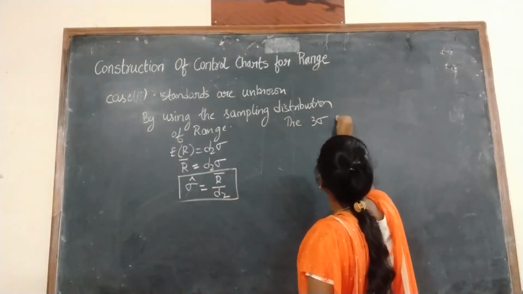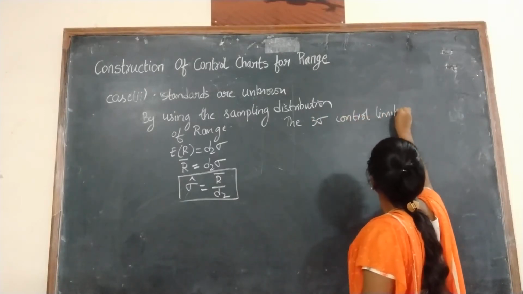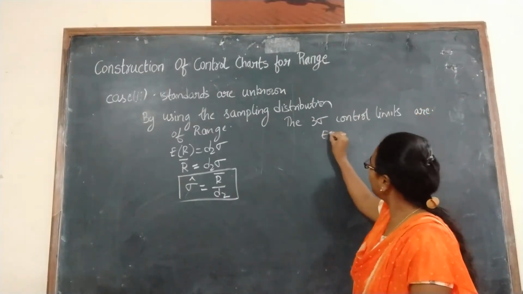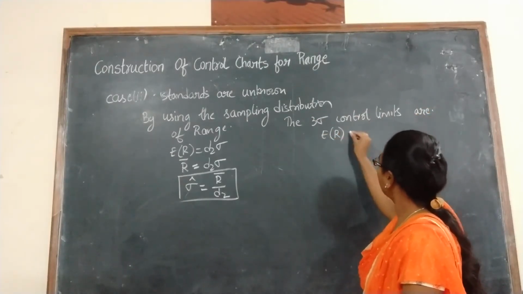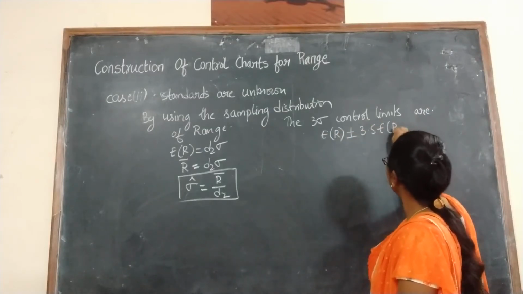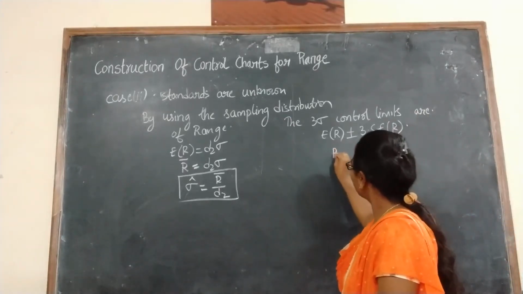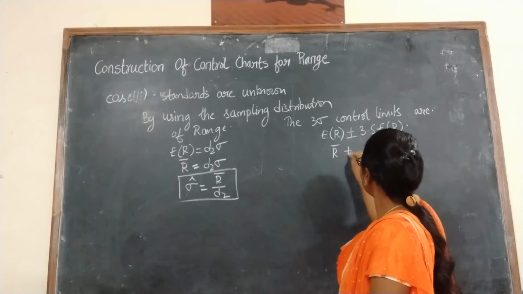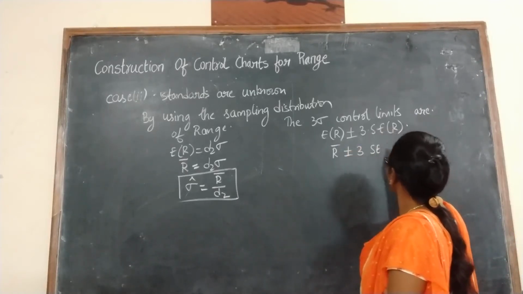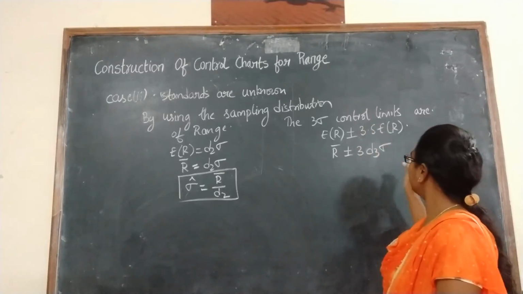The 3 sigma control limits for R. What is the formula for 3 sigma control limits? Expectation of R plus or minus 3 into standard error of R. The expectation of R is R bar, plus or minus 3 into the standard error, which is D3 sigma.